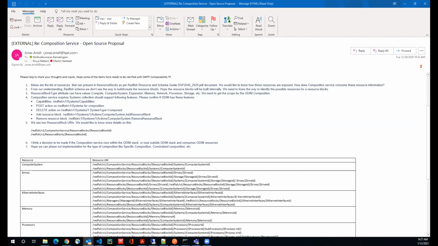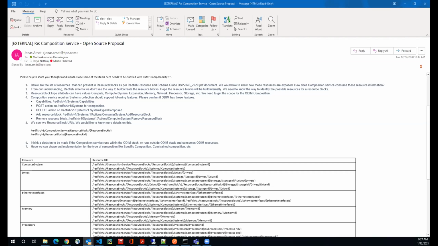So the composition service basically consumes the system capabilities when we build it. Can you give a concrete example of what that would be?